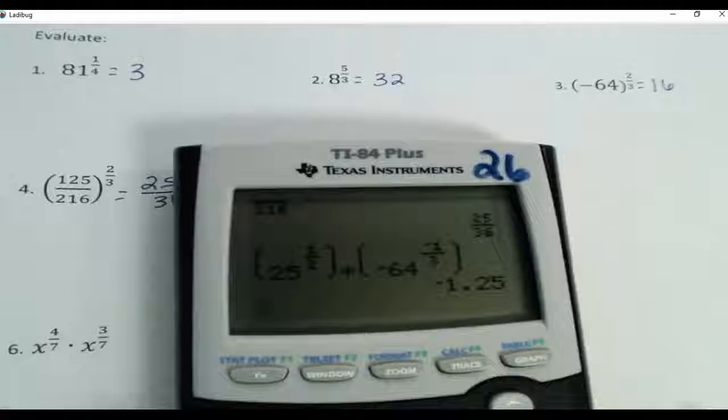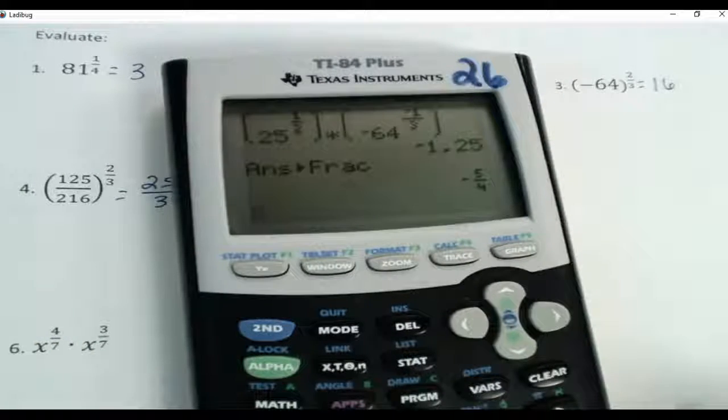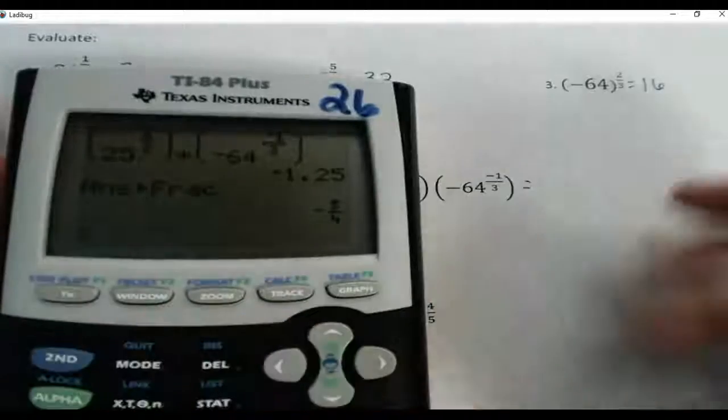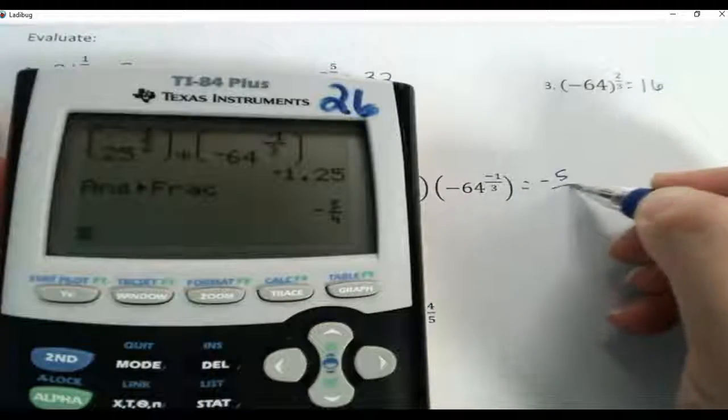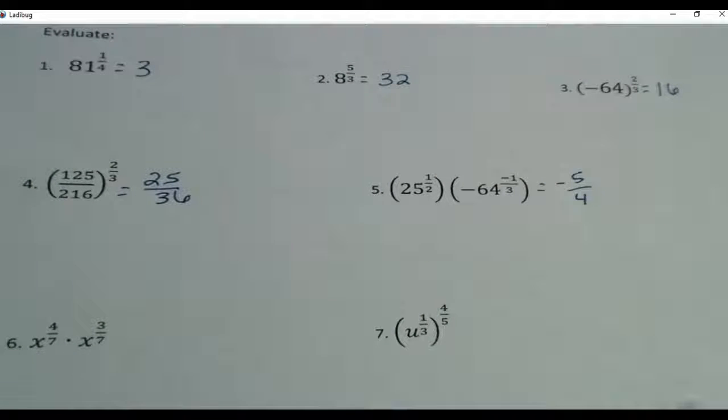Let's make it a fraction. So to make it a fraction, you hit math, enter, enter. So we get negative 5/4. Okay. So if you just have numbers, just type them in, and that's all you got to do.